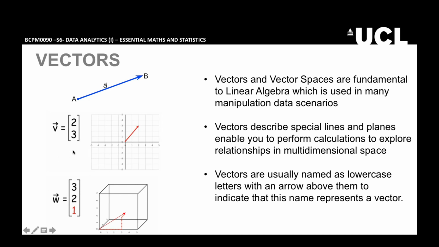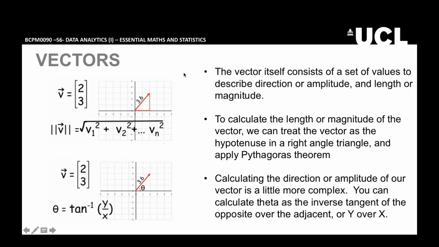Here you have a vector in a two-dimensional space, while here you have this vector w, which is a three-dimensional vector. The vector itself consists of a set of values that describe a direction or amplitude and a length or magnitude.